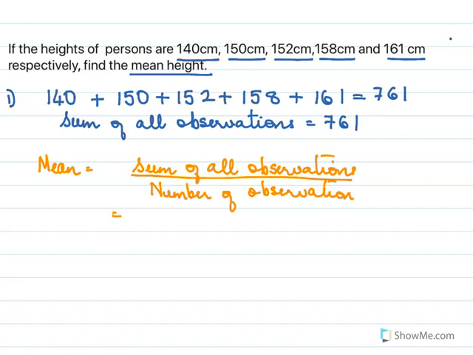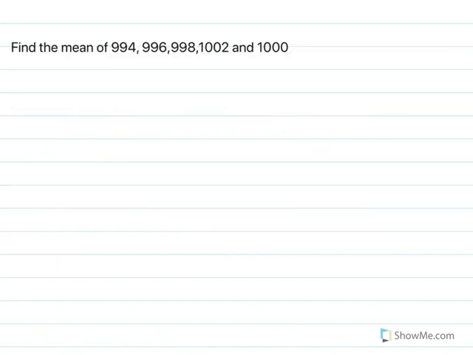Now we know the sum of the observations is 761, and how many observations do we have? 1, 2, 3, 4, 5 observations. So it is divided by 5. So mean equals 152.2 centimeter.